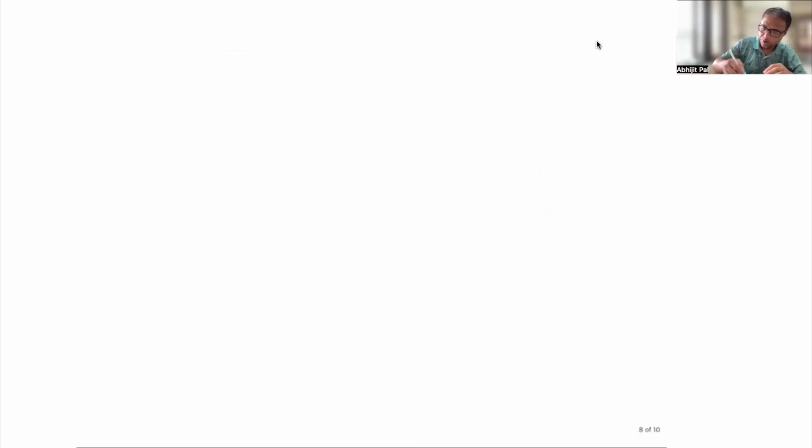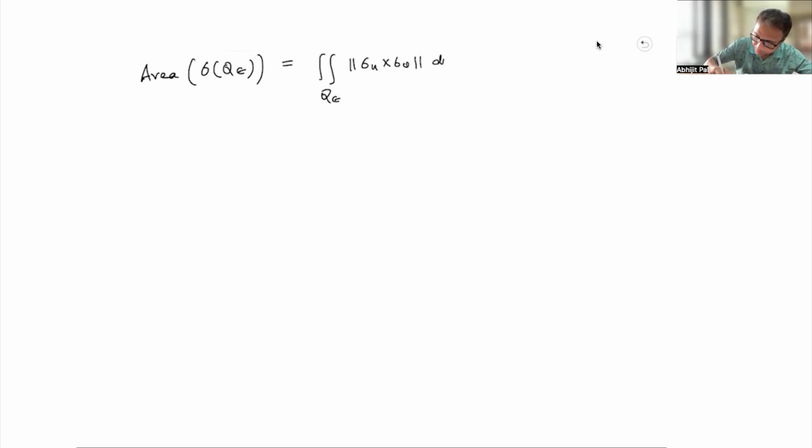So now I'll find the area of this sigma Q epsilon. By the definition, it is equal to the double integral over Q epsilon of the norm of the vector product sigma u with sigma b du db.